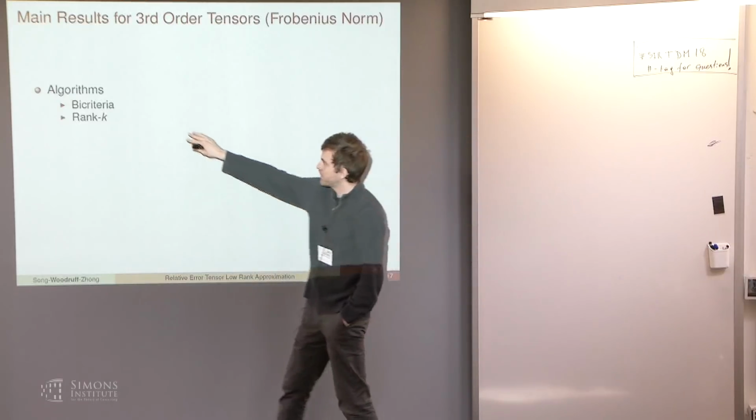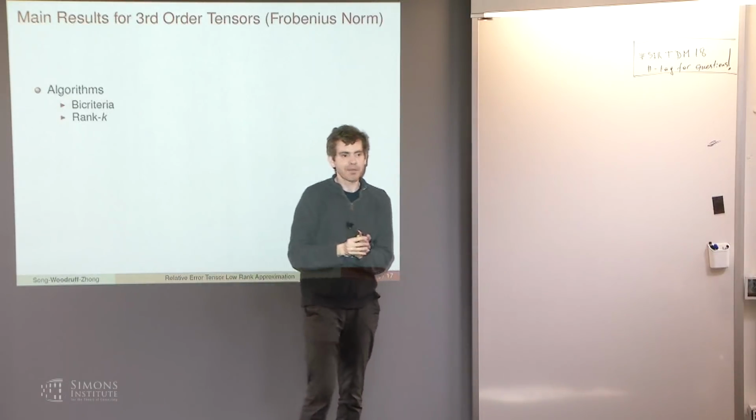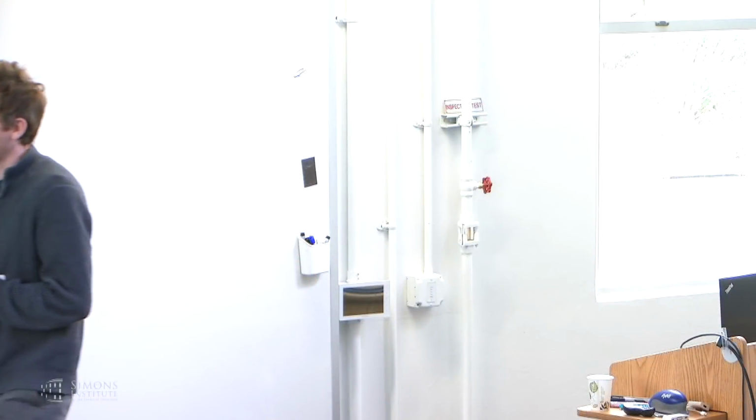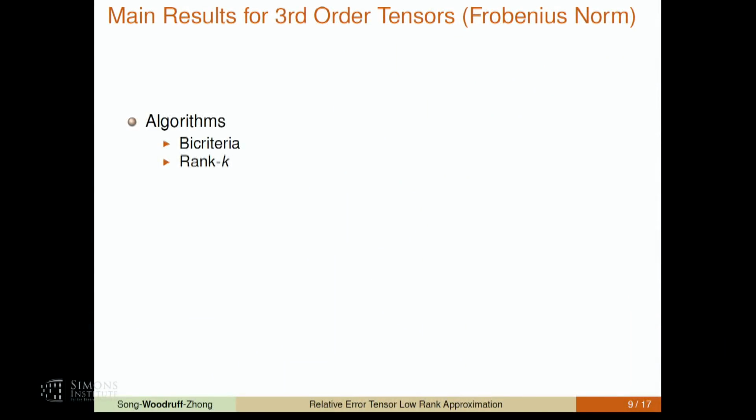This is OK because it's still well motivated. We're going to have a significant parameter reduction, which is one of the motivations. If you insist on a rank k tensor, then we'll give you an algorithm which is efficient when k is not too large. It's going to be in the realm of parameterized complexity. You can think of it as being fixed parameter tractable in terms of k.